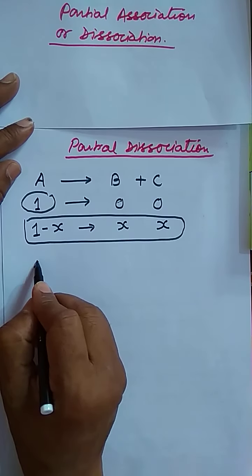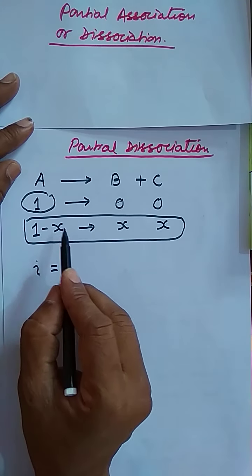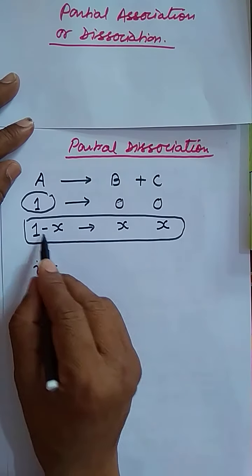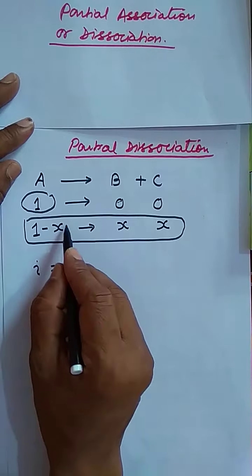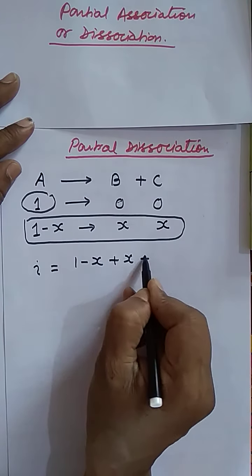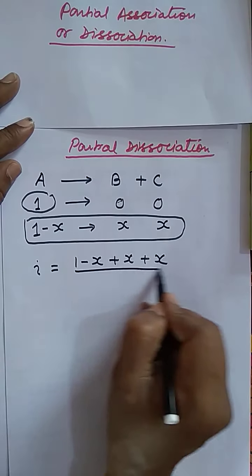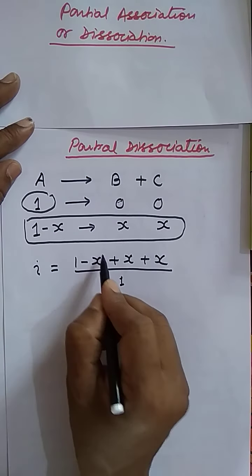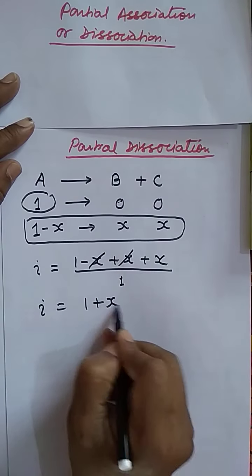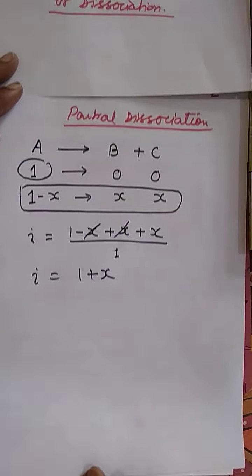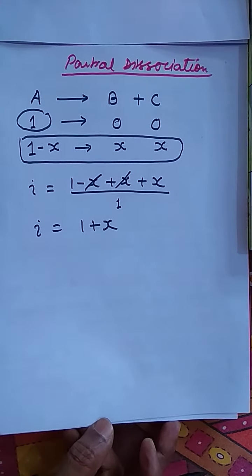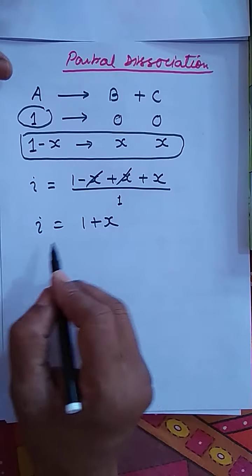So what is the value of i? Number of particles, ions or molecules after dissociation. This one also remains in solution. So 1 minus x plus x plus x upon 1. So i is equal to 1 plus x, right? According to this equation, if the equation changes, then the value of i may change, right?